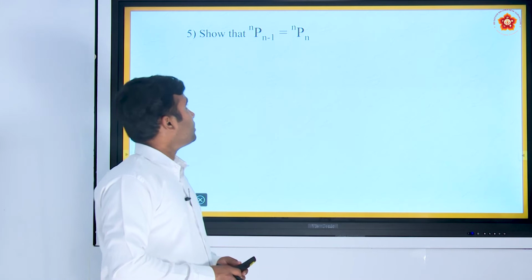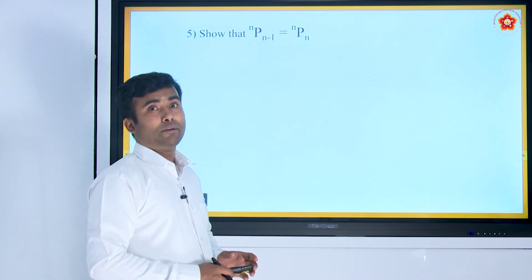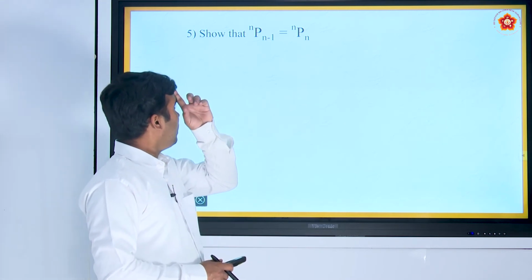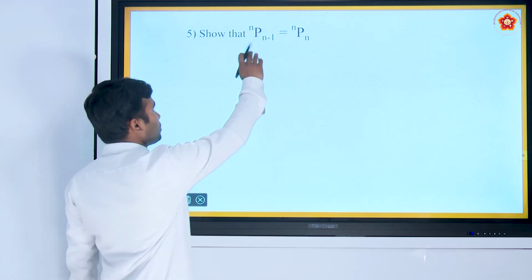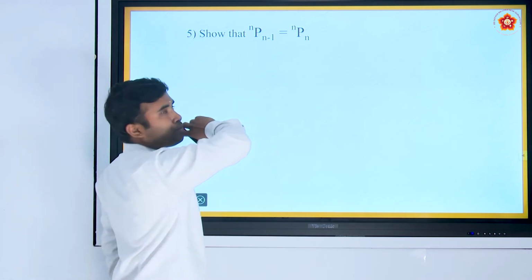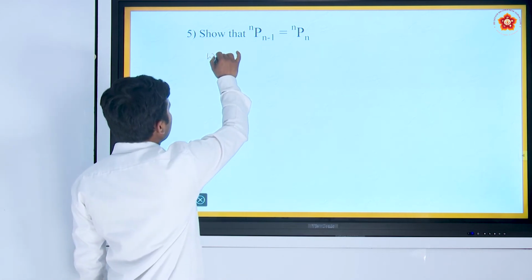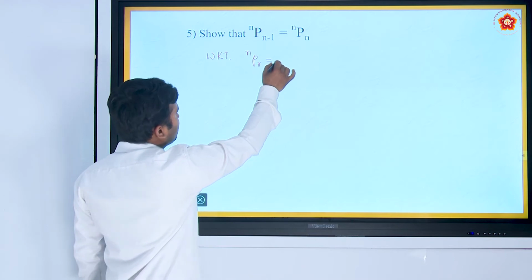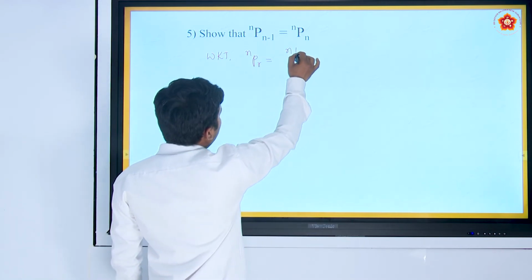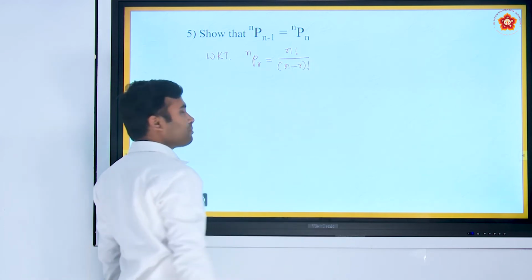Next, the problem is we need to show that nPn-1 is equal to nPn. See, this is very easy to prove. We know that the formula nPr is equal to n factorial divided by (n minus r) factorial.